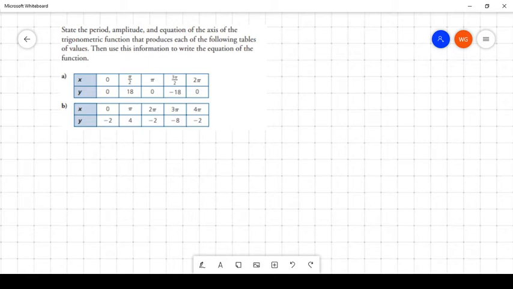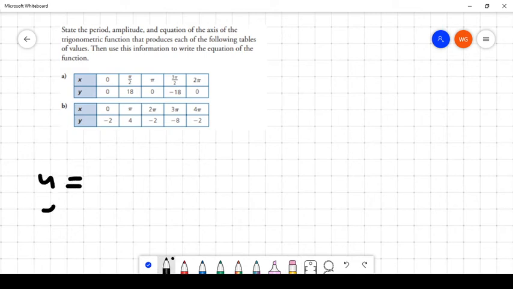It may look a little intimidating at first to see these random x and y numbers and ask yourself, how on earth am I going to come up with a trig equation? But when we boil it down to the essence of the question, all we're really trying to remember is that to come up with a trig equation, we have y equals a sine or cos.